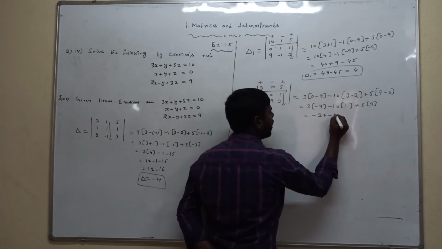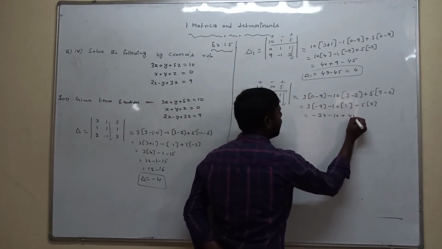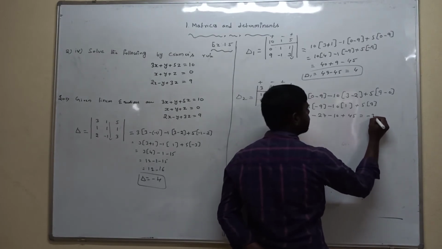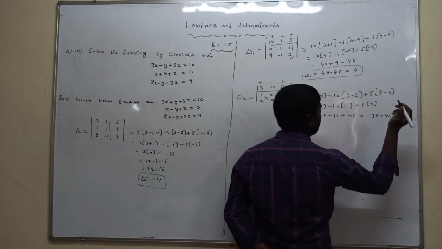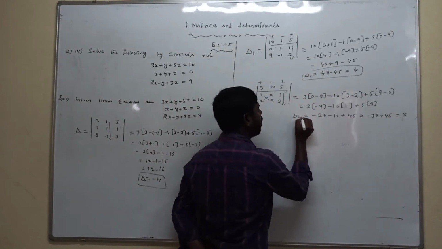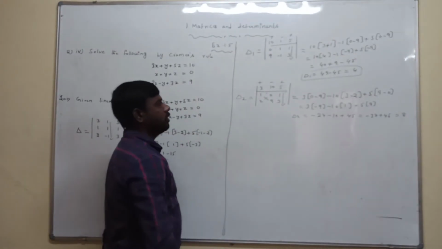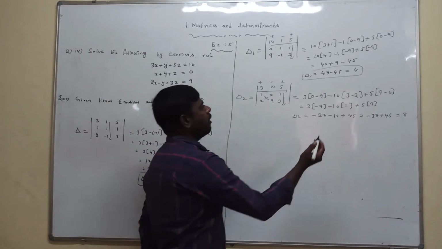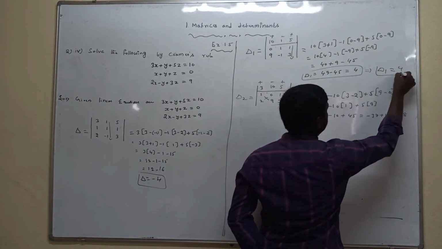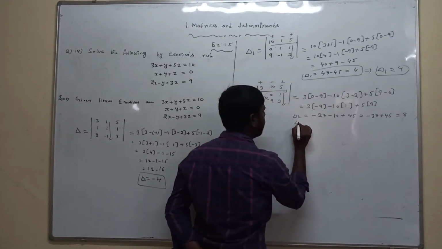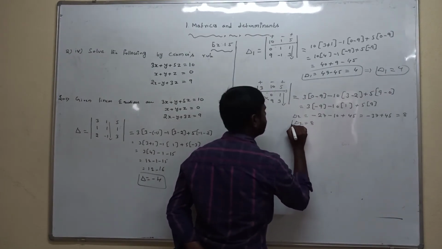Minus 27 minus 10 plus 45 is equal to minus 37 plus 45. That value is 8. So delta 2 value is 8. Delta 1 value is 4.